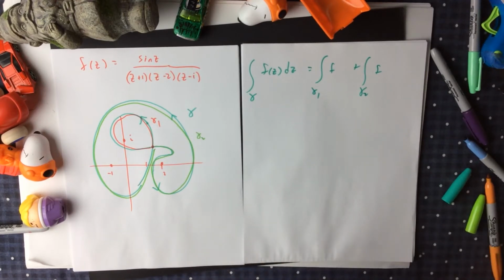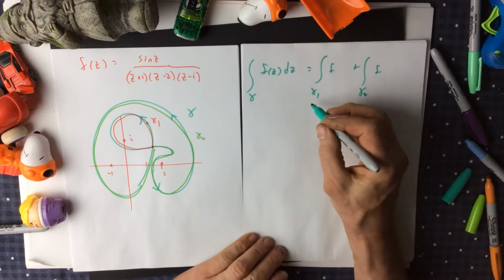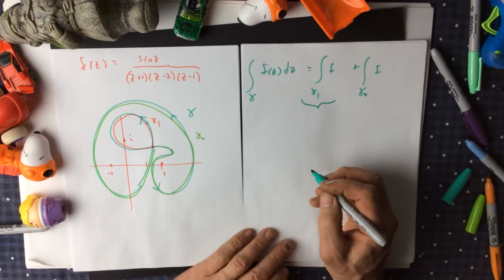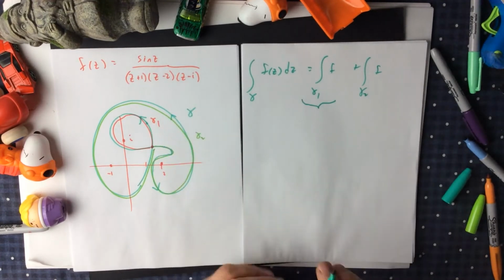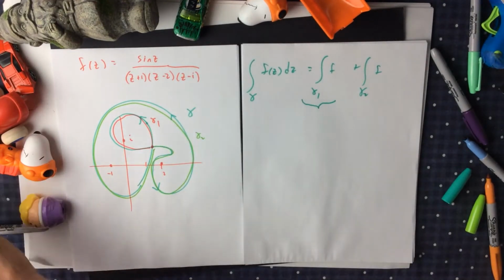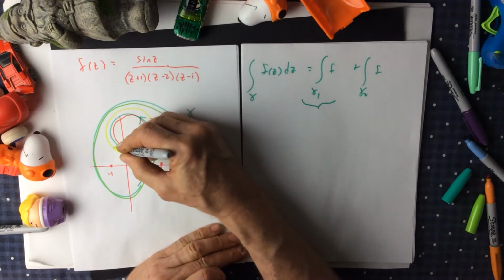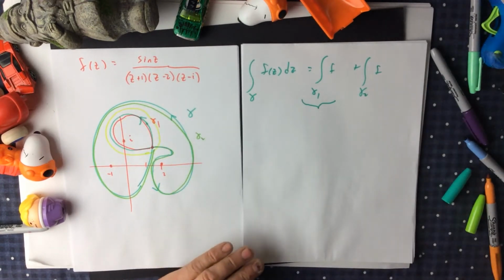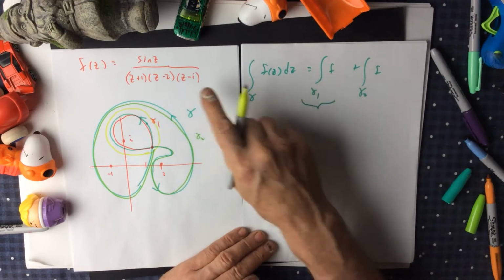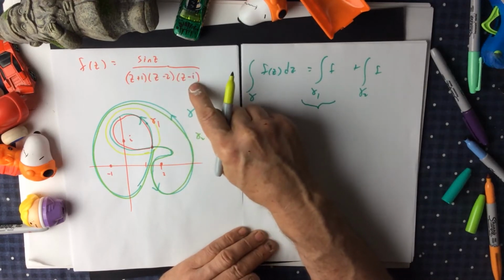Now, we're going to use a standard technique over and over again. It relies on the homotopy between curves and whether or not a function is holomorphic in a region. So first off, this piece right here, if you notice, I'm going to make a region G, which is just a little bit larger than this. So there's my region G. And this function f, well, it has trouble at i.